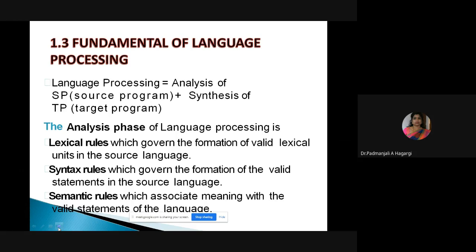And the syntax rule, which governs the formation of the valid statement in the source language. After following the lexical rule, now the syntax: first of all, whether the words or dictionary used in the lexical rules belong to that particular compiler, or that particular language, or not. It will identify that. Like, say for example, your names are not identifiable by C language.